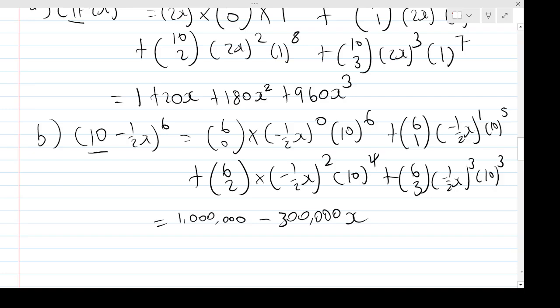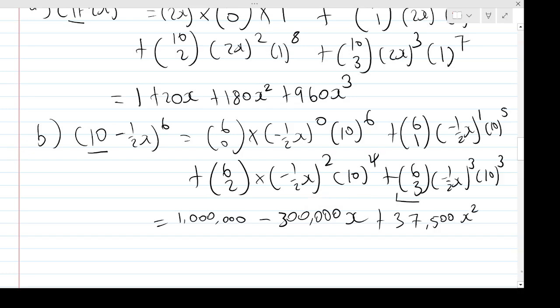Yep. Okay, then the next part here, we have 6 choose 2, that'd be 15, times by minus a half all squared. So then that 15 times minus a half all squared is 15 over 4, then times by 10 to the 4, we get plus 37,500 x squared.